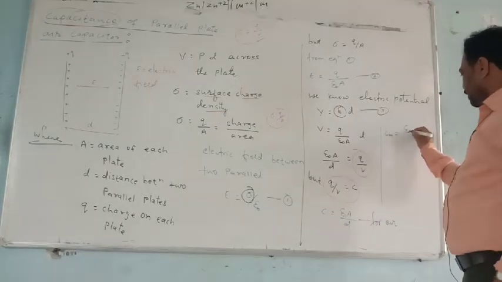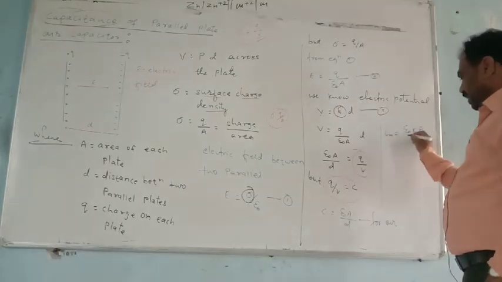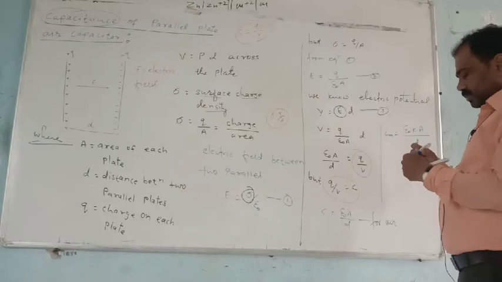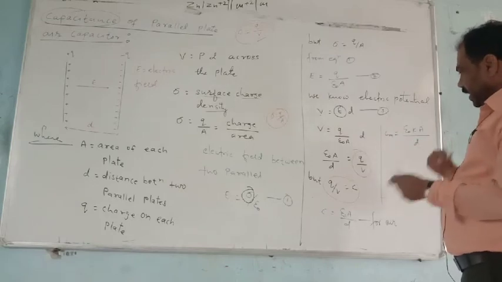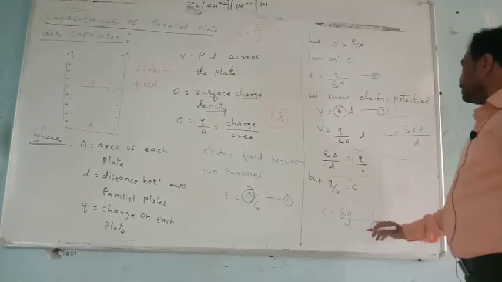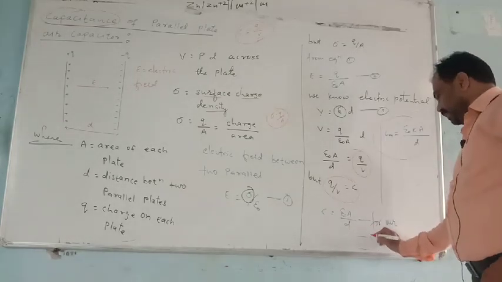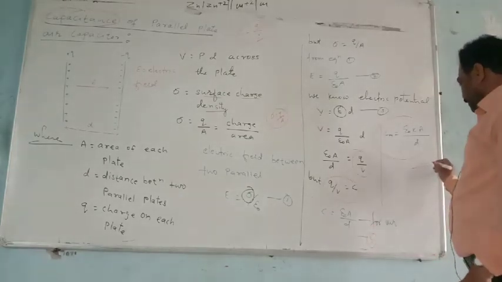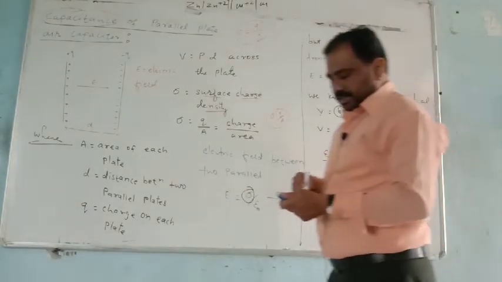That is epsilon naught K into A upon D. So this one is the proper formula to calculate capacitance in a particular medium. This equation is equation 3, and this one is equation 4.